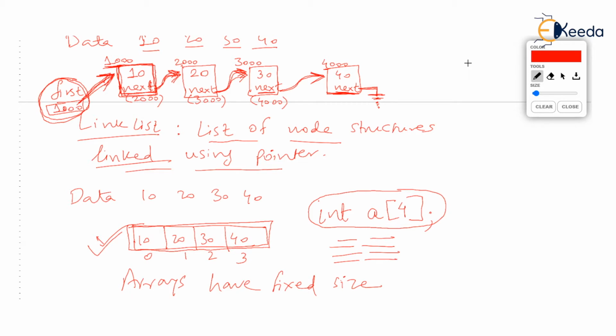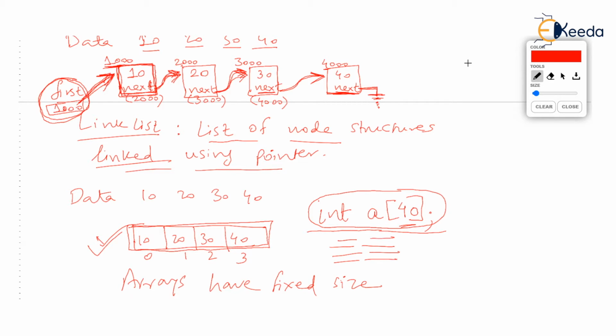So some students might be thinking, okay, you wanted to store more values, fine, then why don't you declare a bigger array? I don't have any problem. You declare a bigger array, say a 40 element array. Now the array is too big. But then what if you want to store more than 40 elements? Suddenly, after declaring the array, you can't increase the size of the array. That's my point.